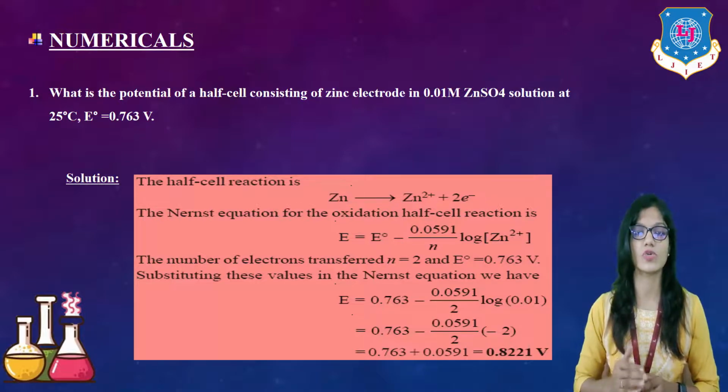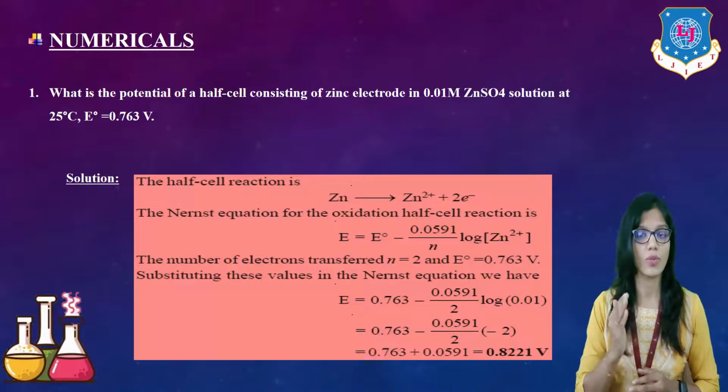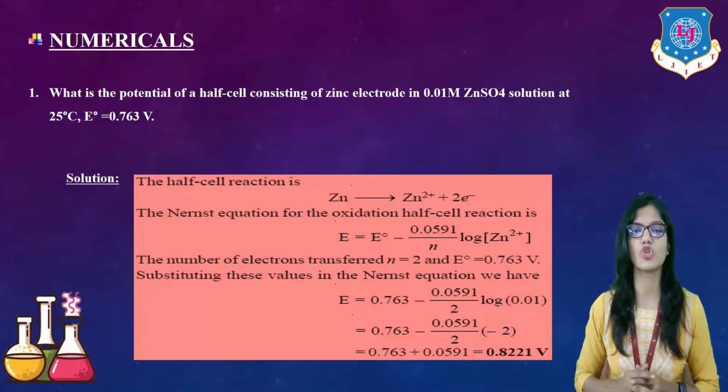The number of electrons transferred, that is the value of n, is equal to 2, and E0's value is 0.763 volts, which is already given. So substituting these values, E is equal to 0.763 minus 0.0591 divided by 2 into log 0.01, which is given here. The ZnSO4 solution is 0.01 molar, so we put that value here.